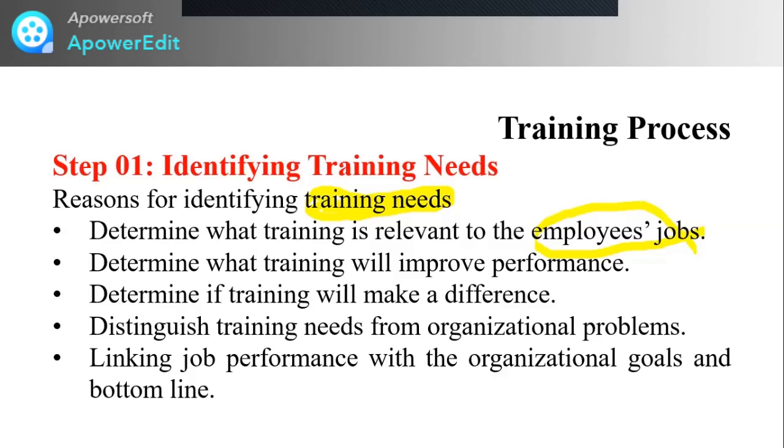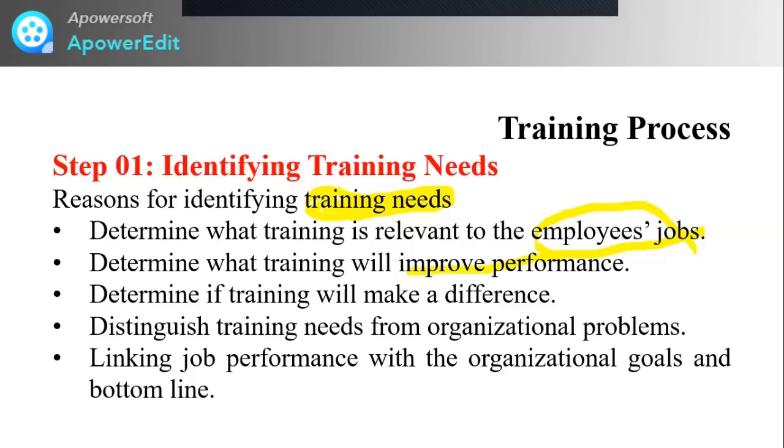The second one is to determine what training will improve performance. If we have a clear training need profile, we can use the training program to reduce the training gap or need gap, and through it we can improve employee performance.